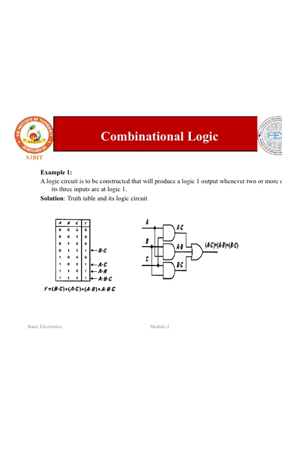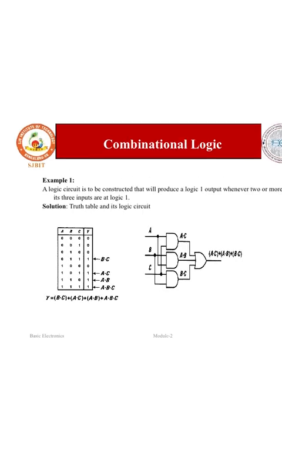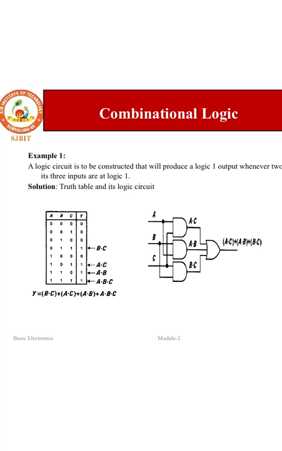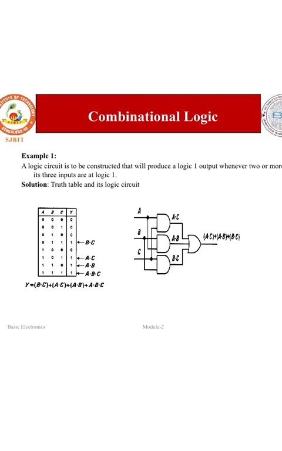So here you need to construct a circuit using AND and OR gates. They are saying it is a 3 input circuit. This is an example, as I had told you.